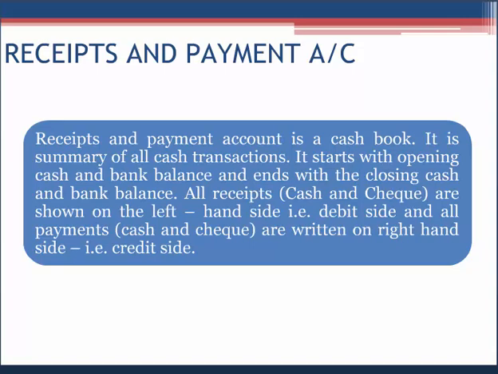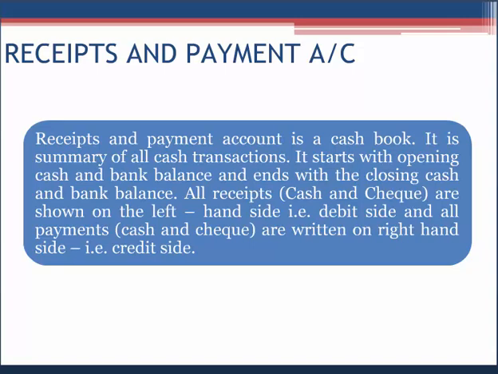Now, to summarize, it's an account. When I say it's an account, it has two sides. One will be the debit side and the second one will be the credit side. Now, what will the debit side record? Debit side will record all receipts and credit side will record all the payments.